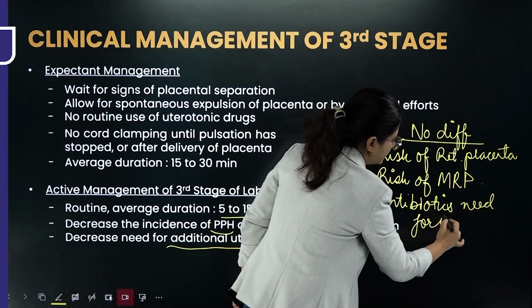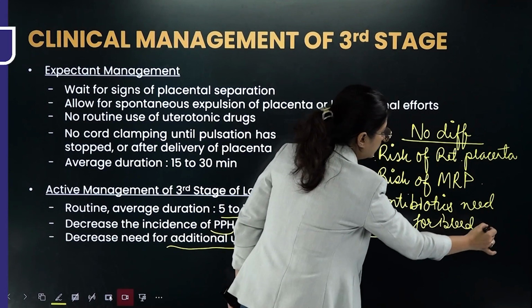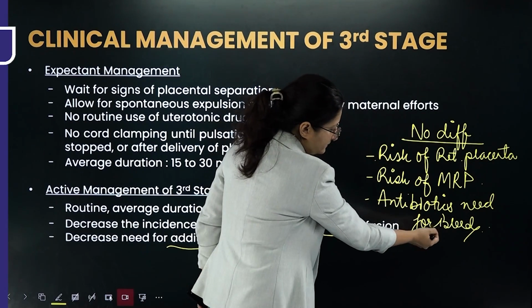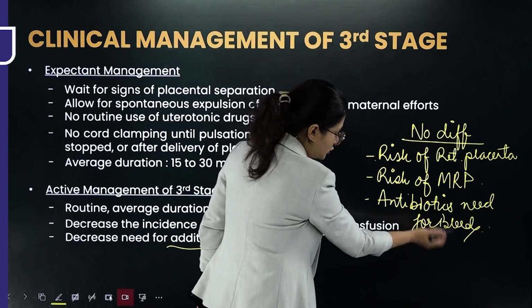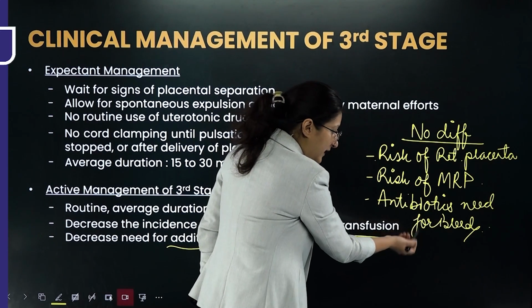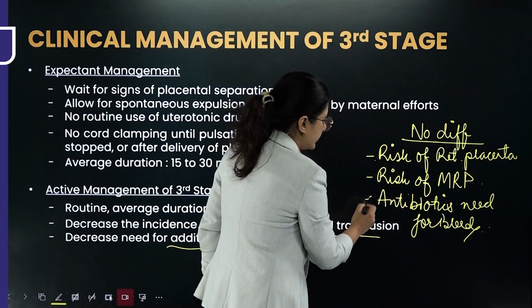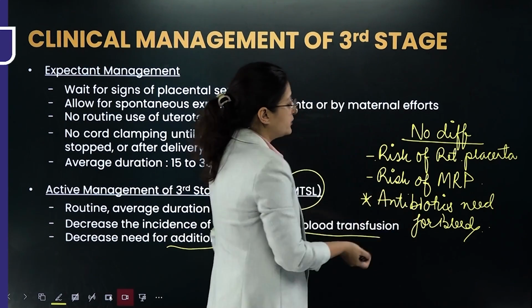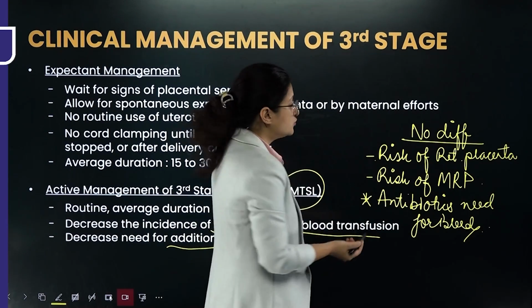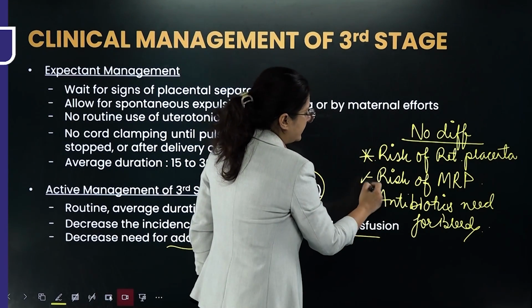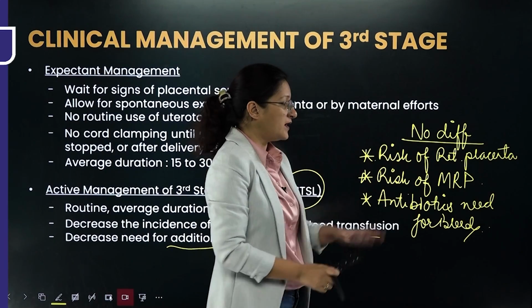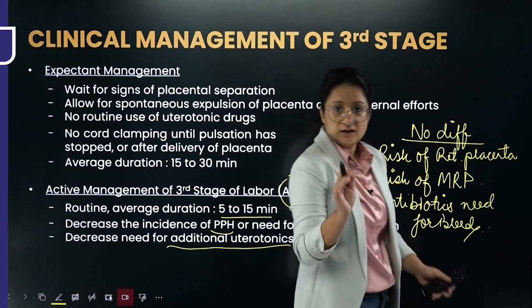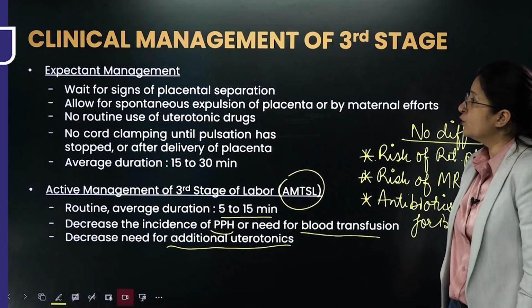For excessive bleeding due to retained products or retained tissue, we may have done some invasive intervention because of which we want to go for antibiotics. So there is no significant difference between the two methods as far as these points are concerned. That's also an important point to note.